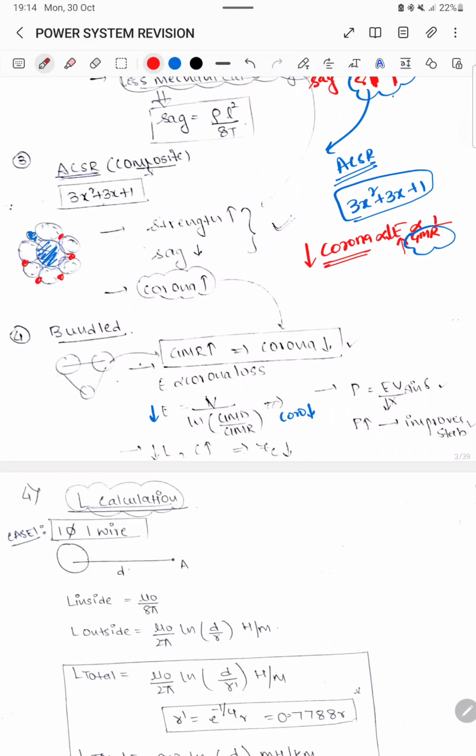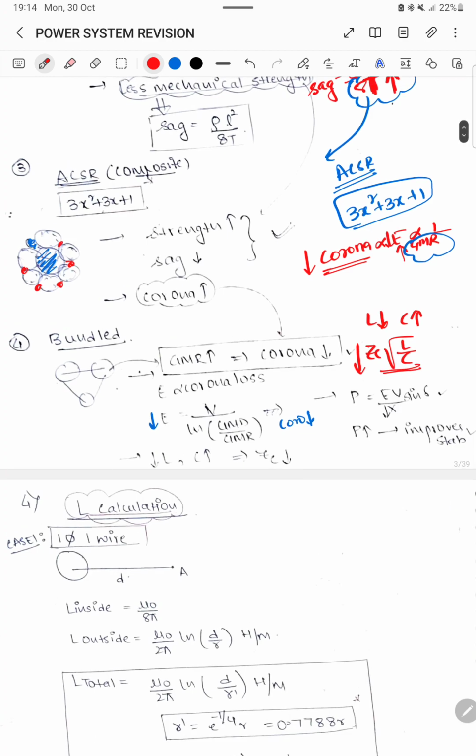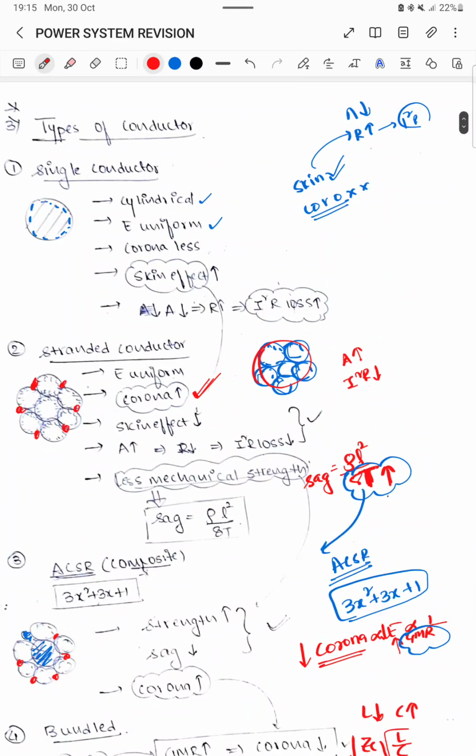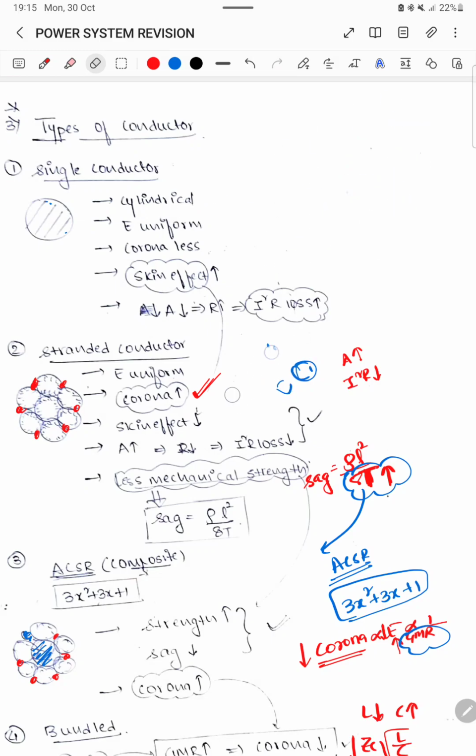When GMR is increased, technically L is reduced and C is increased. So Zc, which is root of L by C, is reduced. Since Zc is reduced, in P equals EV upon X the denominator is reduced. So power is increased, improving stability. Okay, so let me talk about this whole journey of types of conductors one more time.